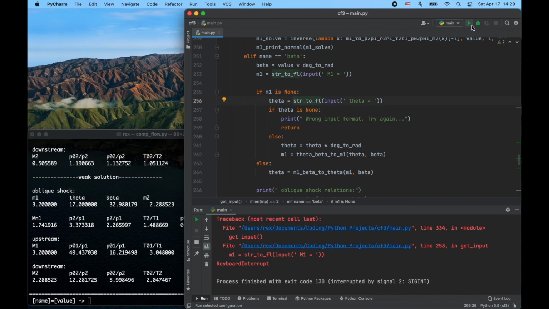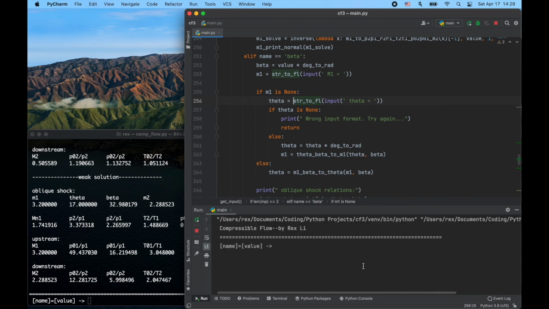Oh, it turned out that we cannot just use enter. We have to use anything that is not a number. So if theta we know is, oh, I forgot the value. If theta is 1, then yeah, you give us this value.